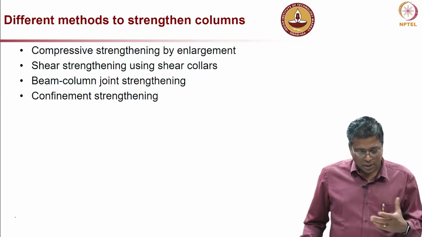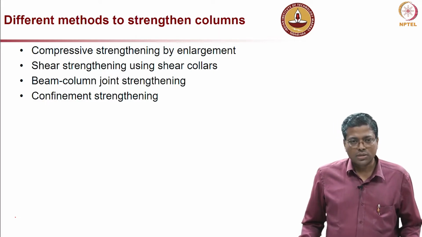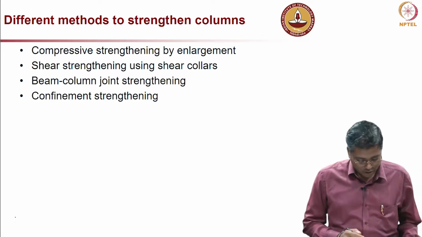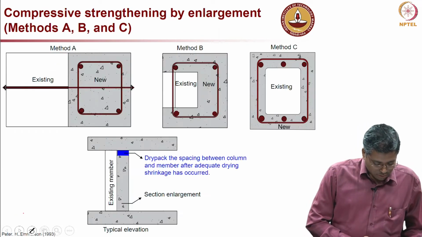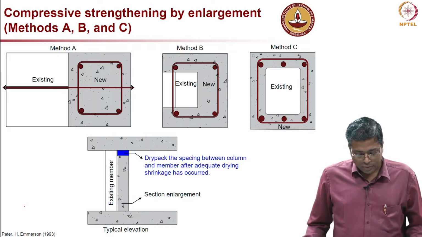So, all these are different mechanisms: compression, shear, and flexure, and also looking at confinement. These are the major ways by which we can fix or strengthen the columns.